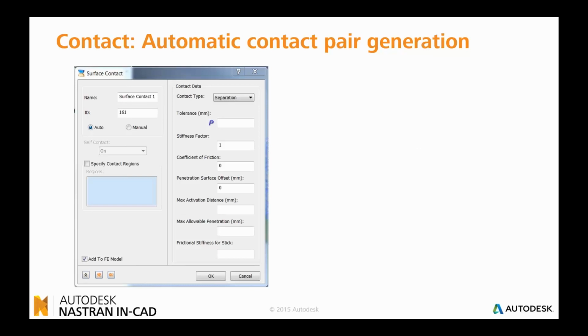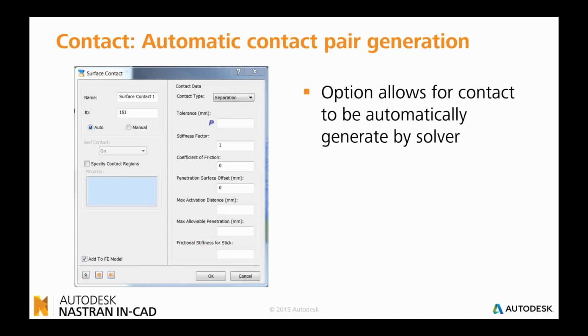Inside the automatic contact pair generation area, there are two different types of automatic contact pairs. There's the automatic, which detects the faces and assigns contacts to them, but inside the manual contacts there is another automatic contact setting that enables you to apply contact automatically, and it's generated by the solver.